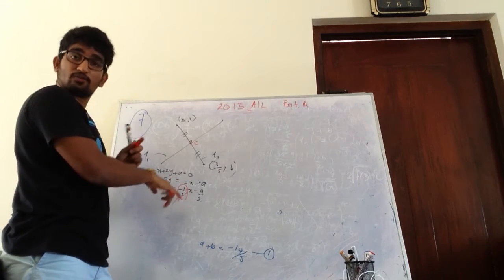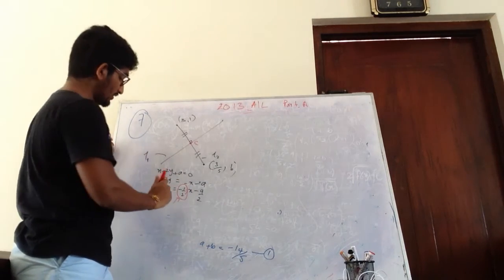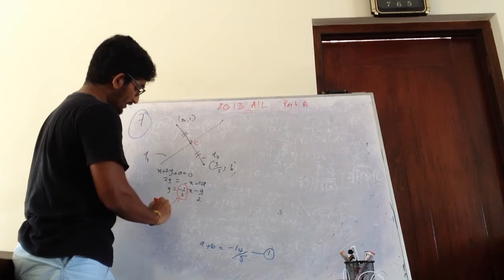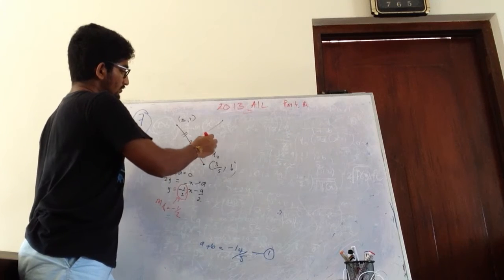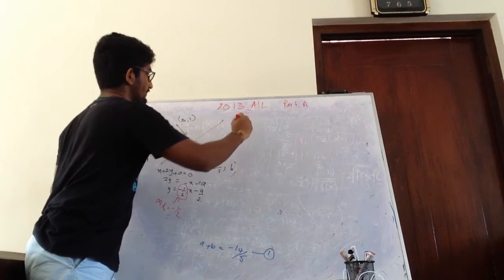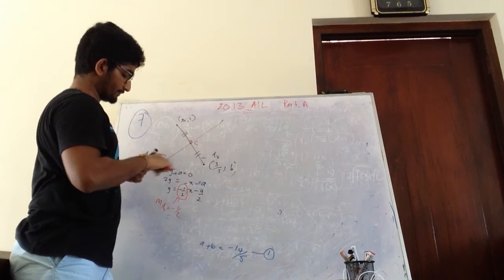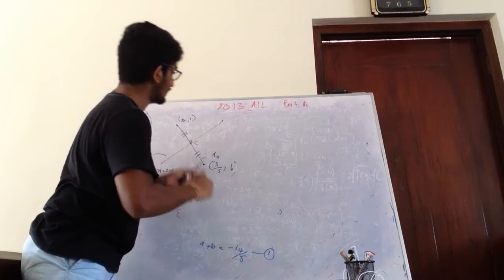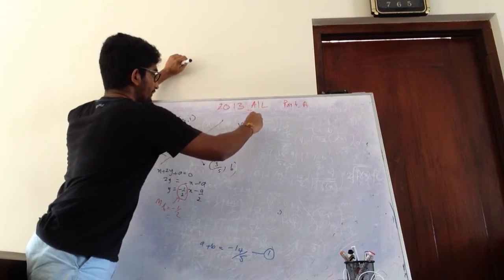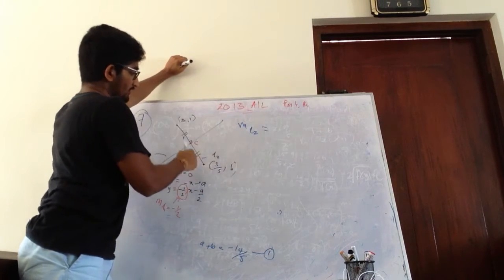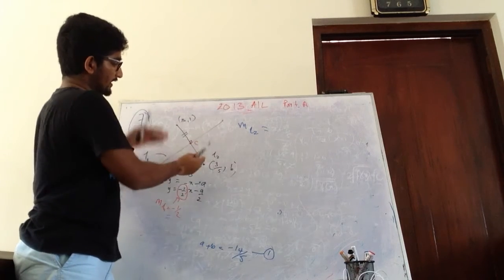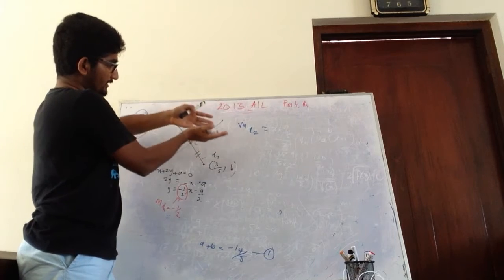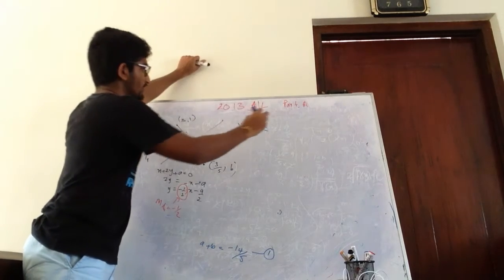This is of course Euler stuff, no? So for L1 the gradient is -a over 2. Now the gradient of L2 will be what? You can take the change in y over the change in x, no?